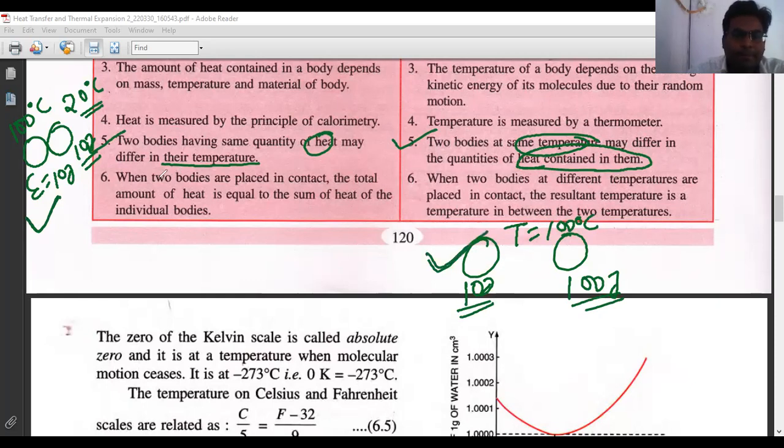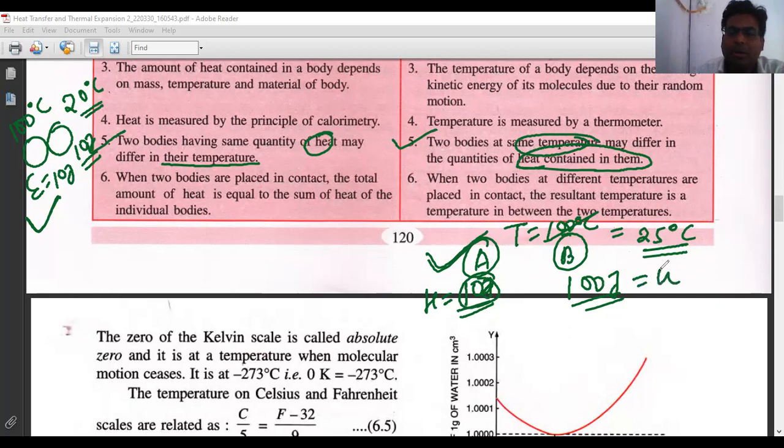Look at the fifth point for temperature. Suppose we take 25 degrees Celsius for two bodies. Suppose body A has heat of 10 joule, or capacity to do work of 10 joule, and the other, B, has energy of 100 joule.